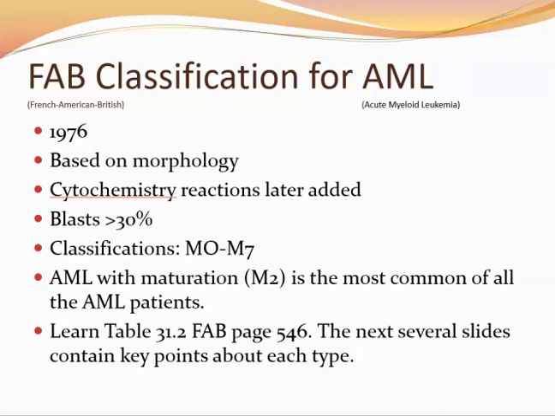AML with maturation, M2, is the most common of all AML patients in the FAB classification. There's a chart on page 546 in your textbook that shows all the different classifications, but we're going to go over the key points of each classification in the next few slides.